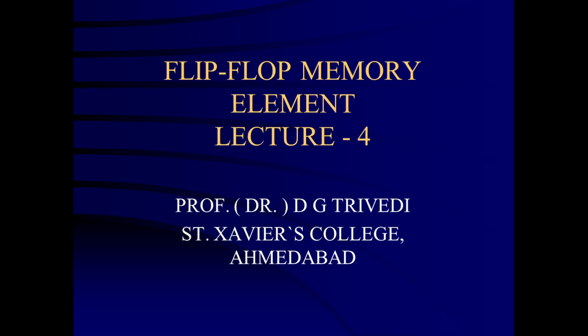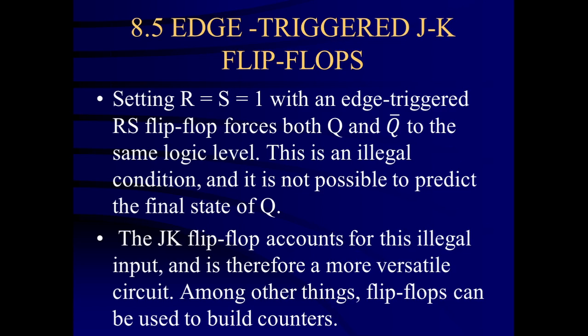Now, there is a limitation in clock edge triggered RS flip flop, and that limitation is regarding its forbidden condition. In an edge triggered RS flip flop, you cannot apply R is equal to S is equal to 1. Otherwise, both the output Q and Q bar will be the same.